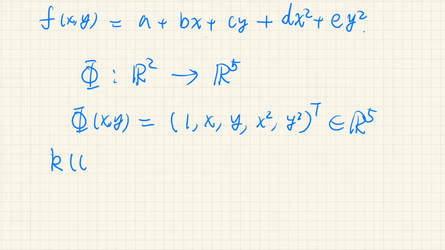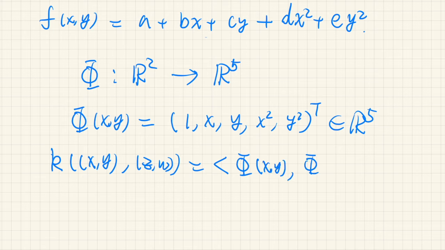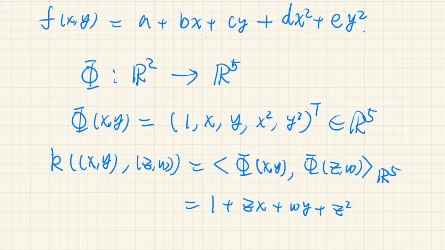This takes 2 points in two-dimensional space, let's say x, y and z, w. And this kernel function is defined as the inner product in the five-dimensional space, so phi of x, y times phi of z, w in five-dimensional space. This is equal to 1 plus zx plus wy plus z squared x squared plus w squared y squared.